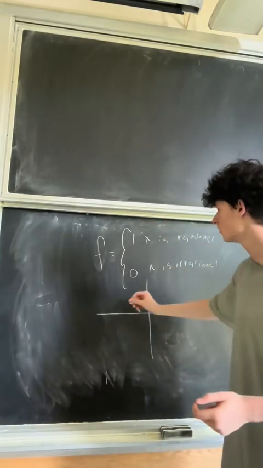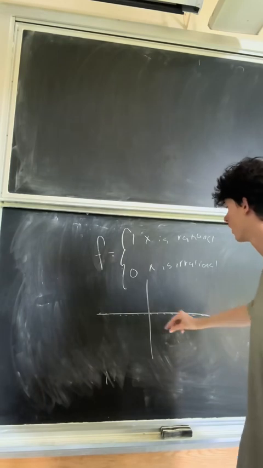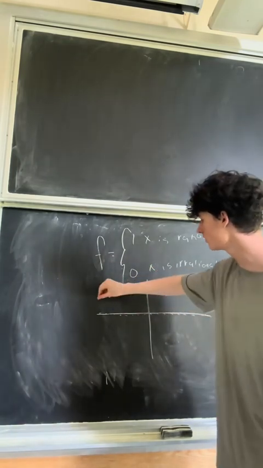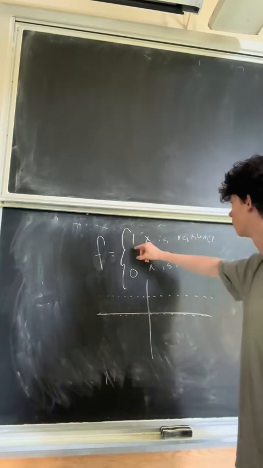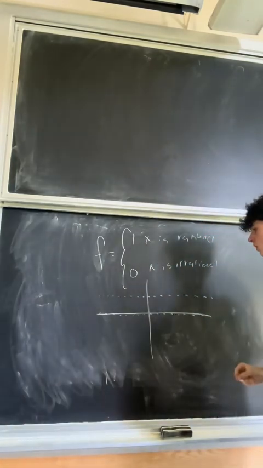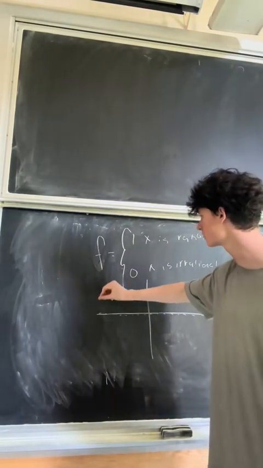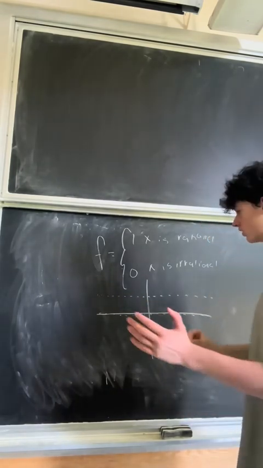So you're going to have infinitely many points where the output of your function is 0 when x is irrational, and infinitely many points where the output is 1 and x is rational. So what this function does is it infinitely jumps back and forth between 0 and 1 as you go along.